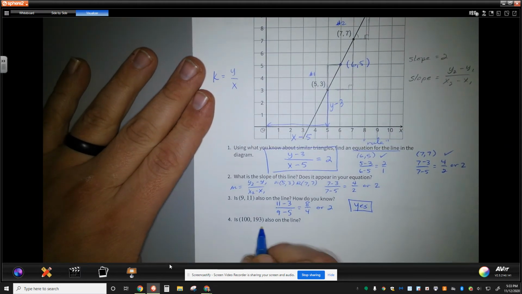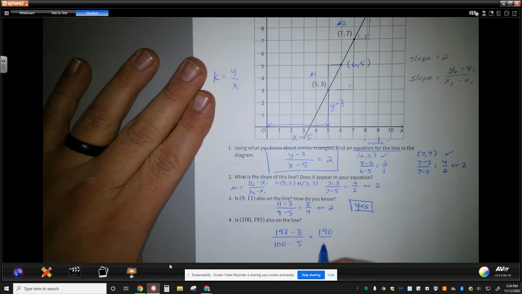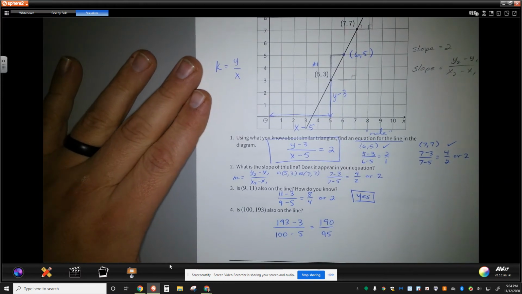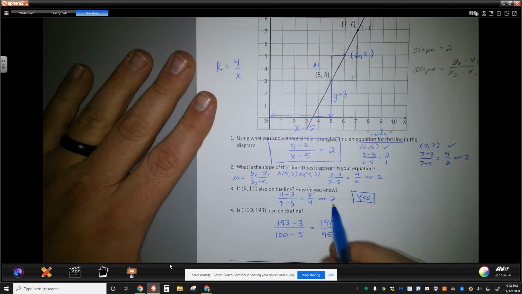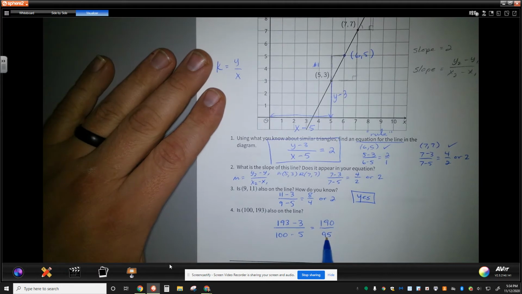Let's talk about 100 and 193. Substituting these values in, 193 for y minus 3 divided by 100 minus 5 is equal to 190 divided by 95. That's pretty big numbers, but if I understand this right, by a slope of 2 means that 95 times 2 needs to equal 190.